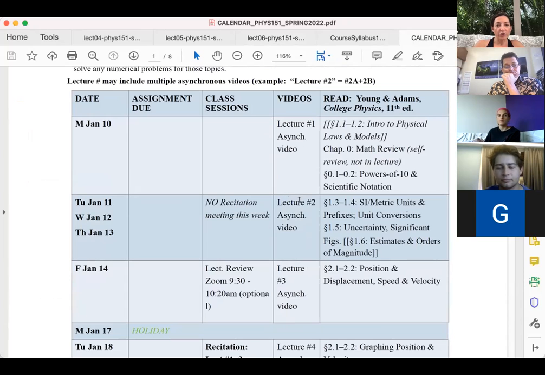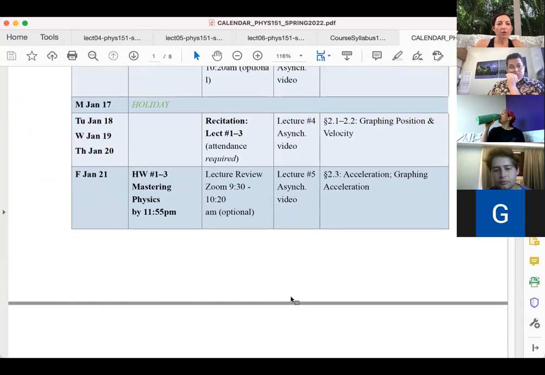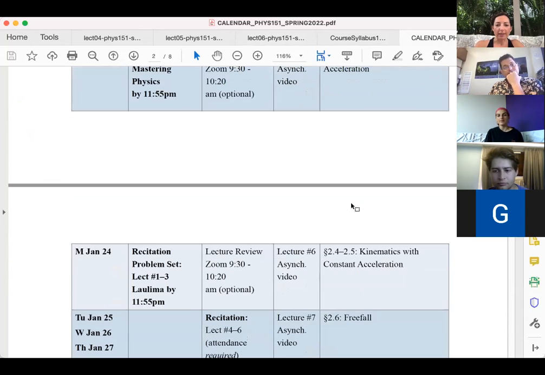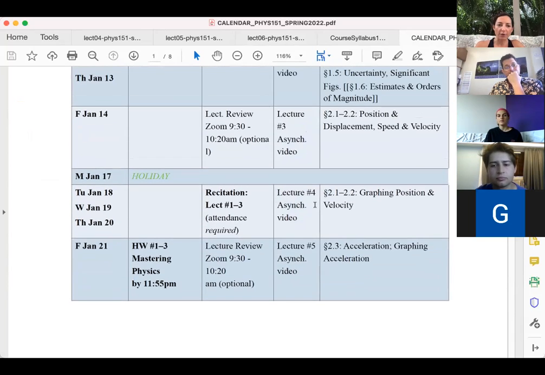Last week we did lectures 1, 2, and 3. This week, because Monday was a holiday, we were supposed to cover only lecture 4 and lecture 5. I was already going to lecture 6 because I forgot that Monday was a holiday, but lecture 6 is actually for next Monday. So don't worry, only the 2 classes that I covered.